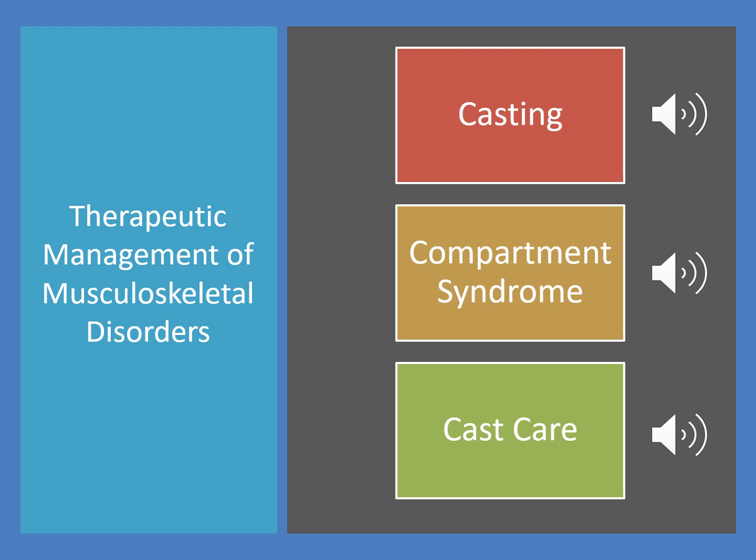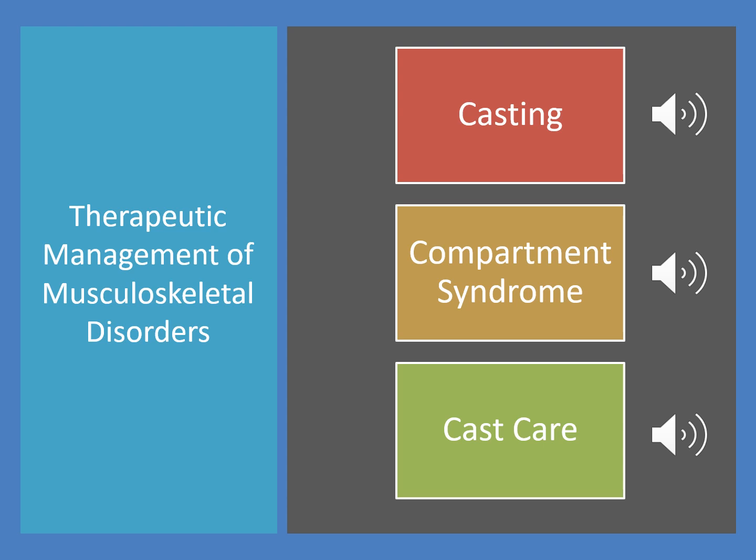They also will window out, especially over the private area, the genitals and the buttocks, so that the child can go to the bathroom. May have to modify it depending on the size or the age of the child. If they're potty trained, they're not going to be able to go sit on the potty. So there are different things that we can do for casting.